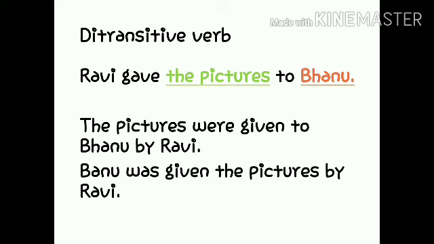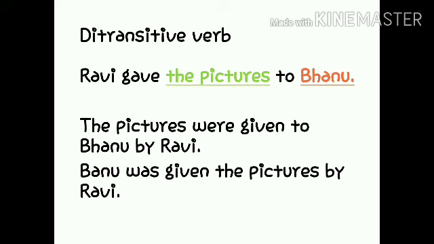To whom did Ravi give the pictures? Banu. If it answers the question to whom, for whom, or by whom, then it is an indirect object. If it answers the question what, then it is a direct object. So things come under direct object and persons come under indirect object.